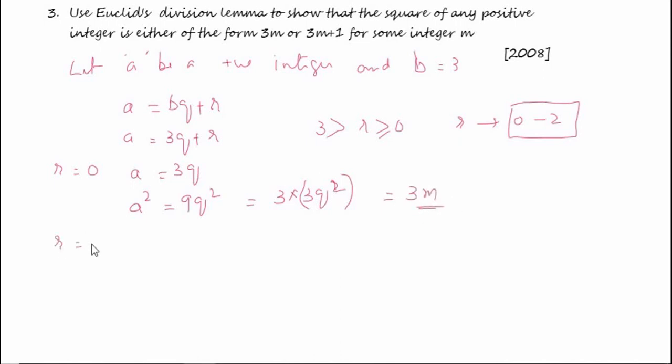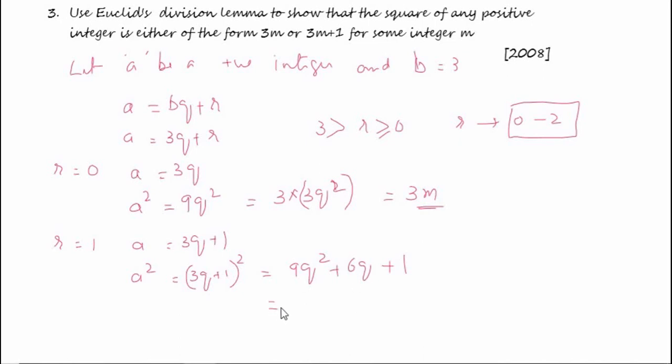When r equal to 1, then a equal to 3q plus 1. Now squaring both sides, you get a square equal to 3q plus 1 whole square, which is 9q square plus 6q plus 1. a plus b whole square is a square plus b square plus 2ab.